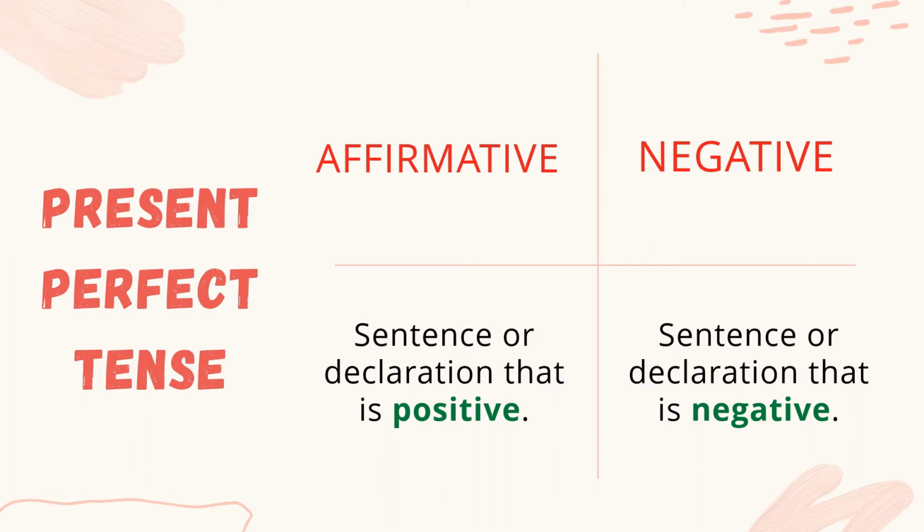So how to differentiate between these two? And how do you know which sentence is affirmative or negative? We will look at the examples later and you will be able to identify which sentence is affirmative or which sentence is negative. But first, we need to learn on how to form present perfect tense in affirmative sentences.